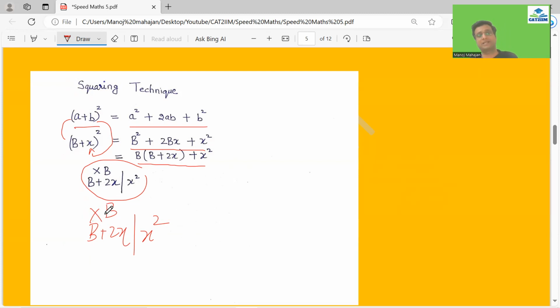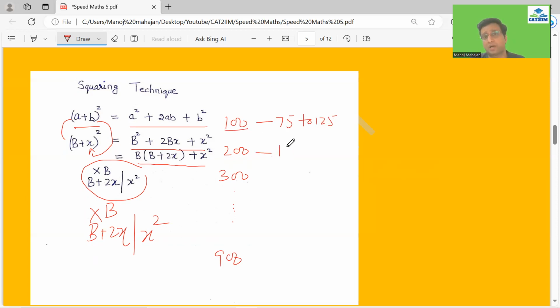So this squaring technique I'm going to use if the base is multiples of 100, it would be damn easy. So if the base is 100 or maybe 200 or maybe 300 and so on, till let's say 900. See, from 1 to 25, I know you should know these squares on tips. Now, if I wanted to find out squares of the numbers from 75 to 125, I would take the base as 100.